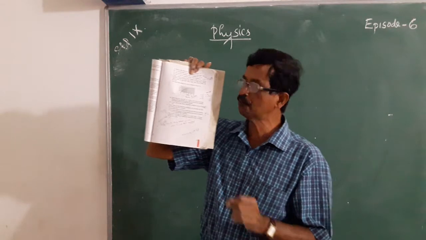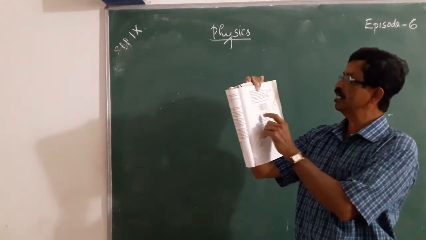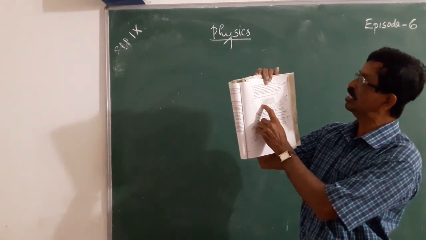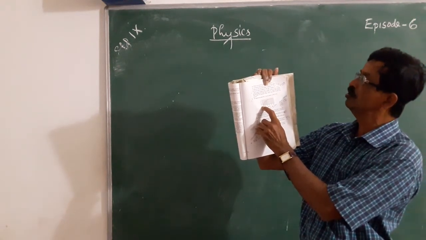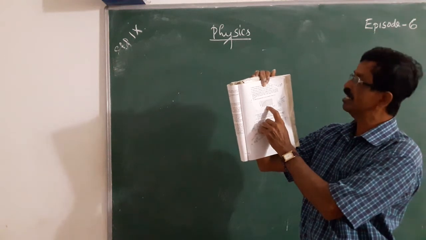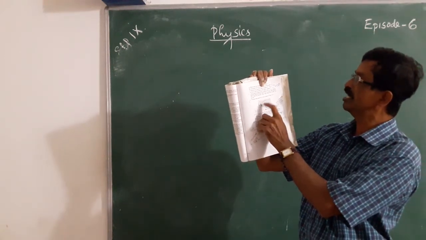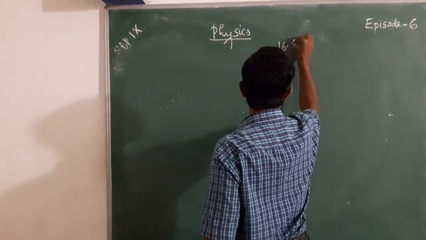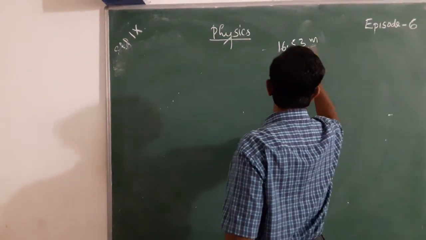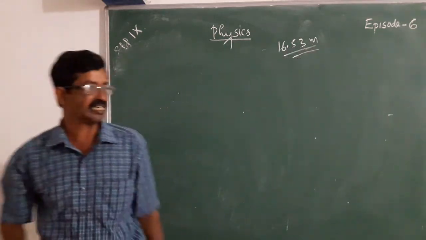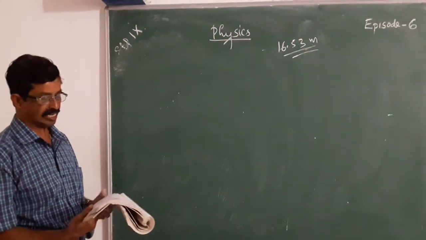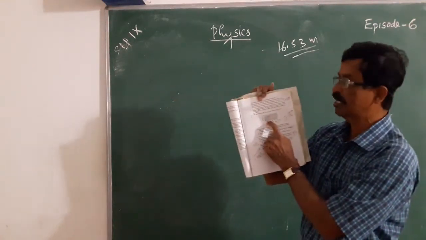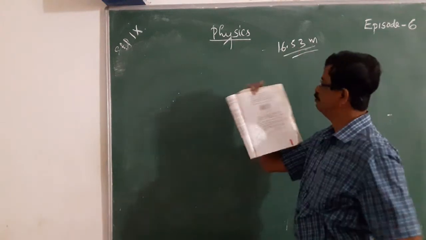Here the speed is 3 columns, 2 is given, so 1 column is equal to 2 by 3. By simplifying, we get 16.53 meters. The car travels 16.53 meters within 4 seconds, by calculating the area of these columns.